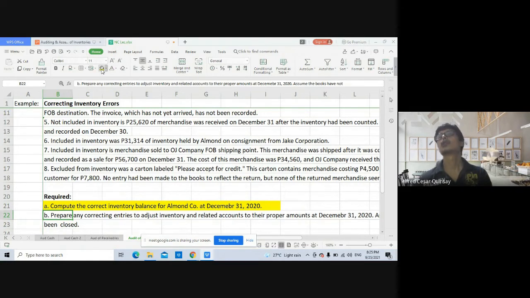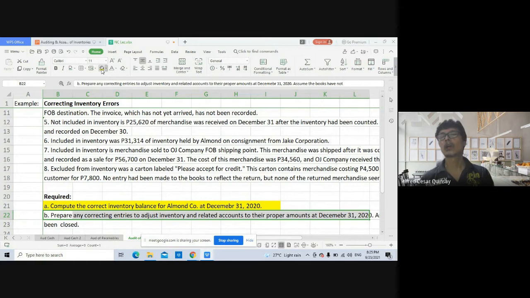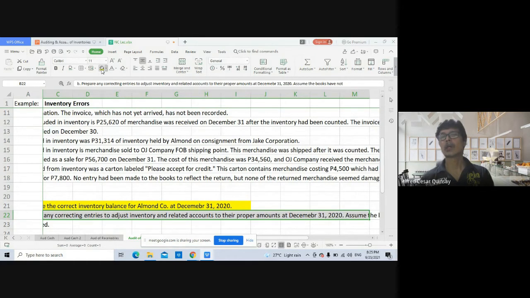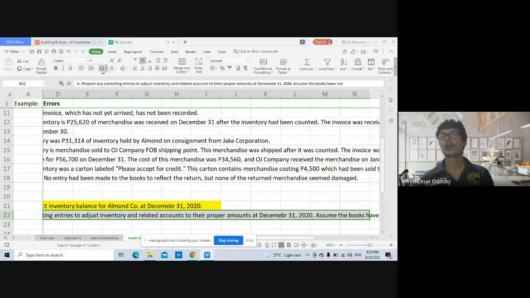And of course, yung cut-off procedures, we're going to apply that, na dapat mag-reflect yung dapat na nandun sa inventory natin. And letter B, prepare any correcting entries to adjust inventory and related accounts to their prior amounts at December 31, 2020.